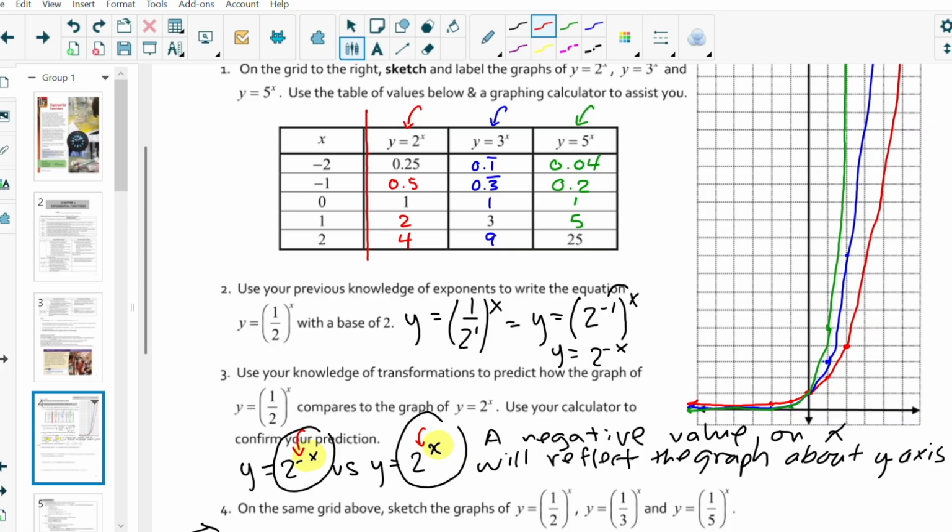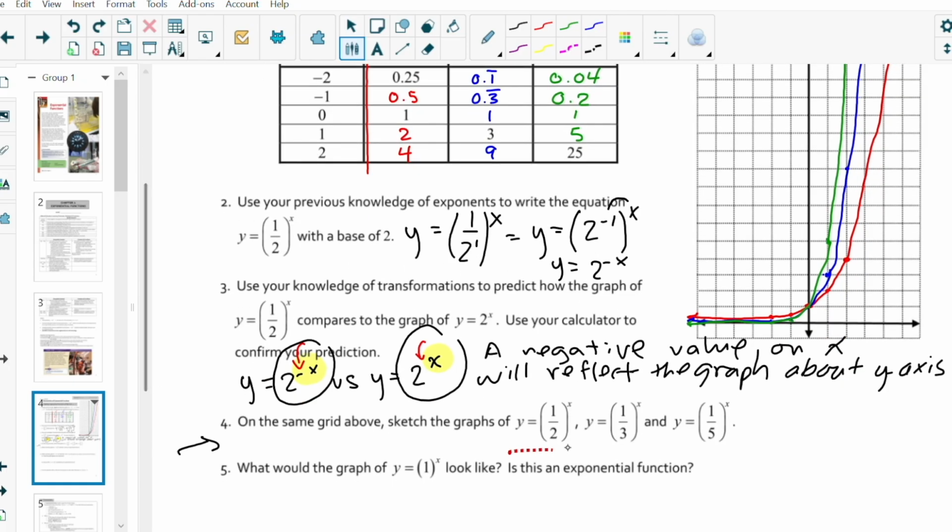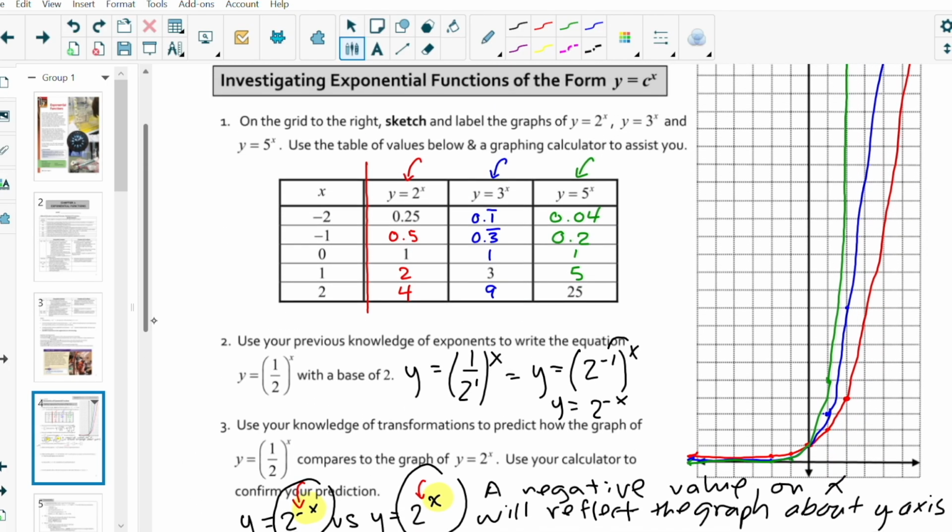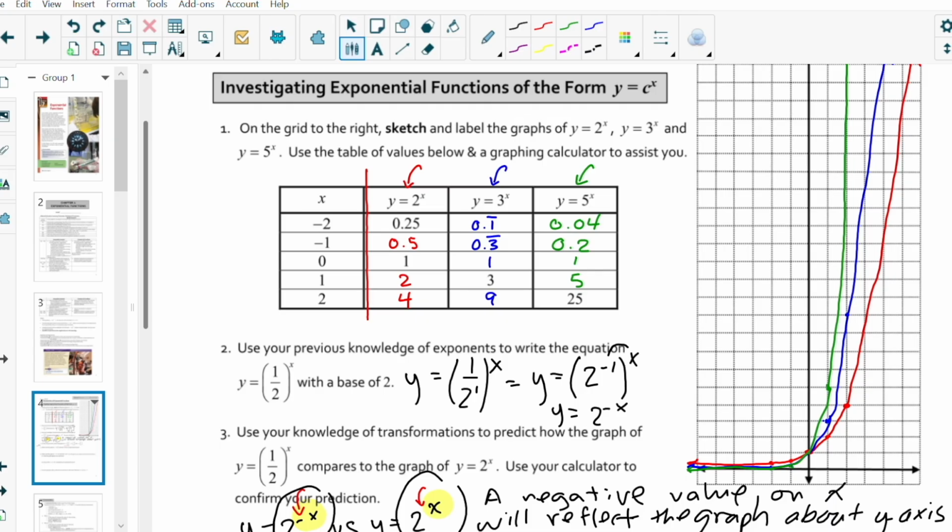For the red one, just for contrast, I'm going to do a dotted line so we can see the contrast. For y equals (1/2)^x, the graph's going to look something like this. It's going to reflect, so it's going to be there.